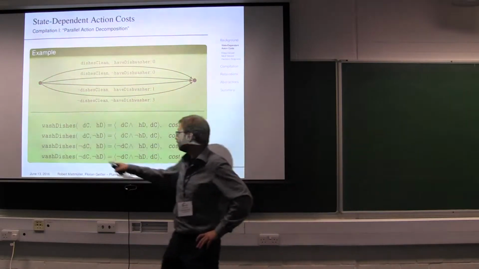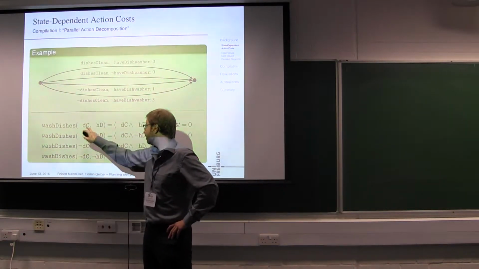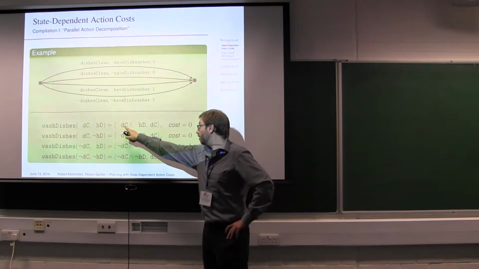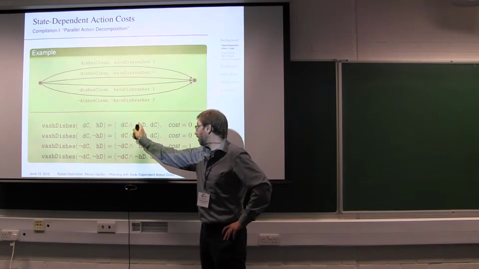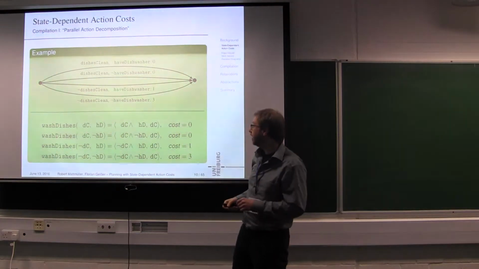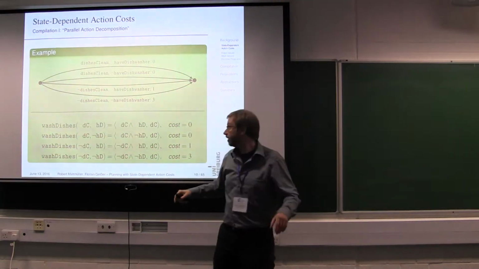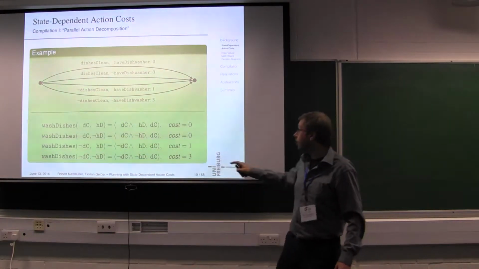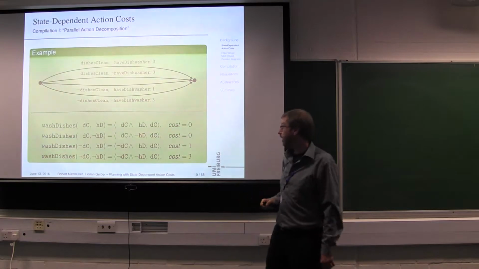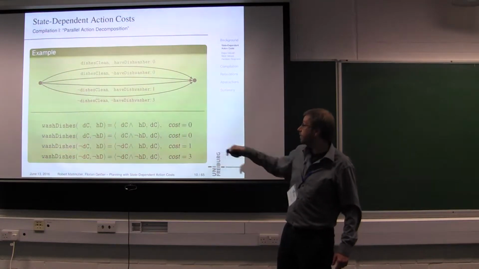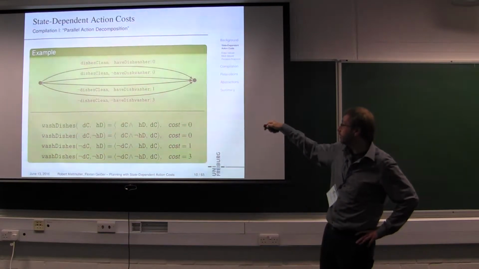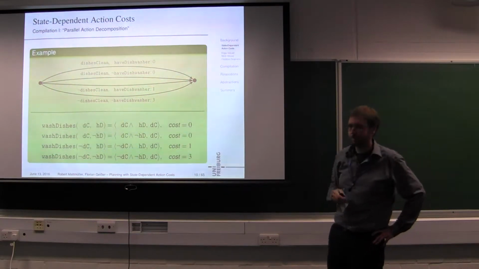So 1 copy of wash dishes with these fixed parameters, dishes clean and have dishwasher. We encode these have dishwasher and dishes clean in the precondition, in addition to the precondition that was there, that happened to be trivial in this case, and we keep the old effect, dishes are clean, in the effect, same for all the other 3 arcs, and now we have constant costs for all these actions, 0 and 0 for those 2 here, 1 and 3 for those.